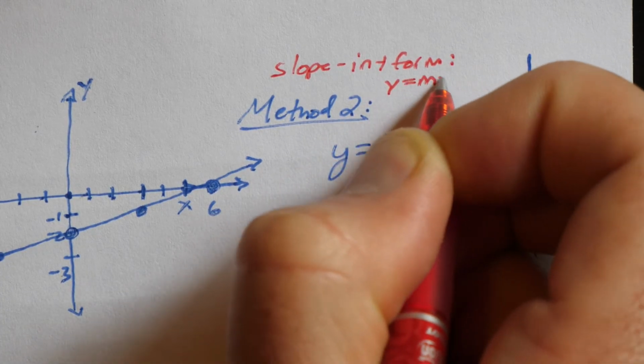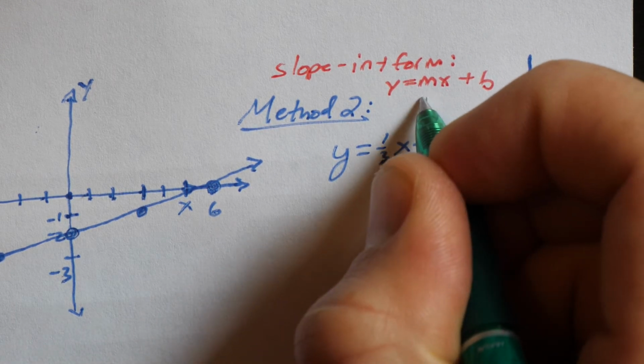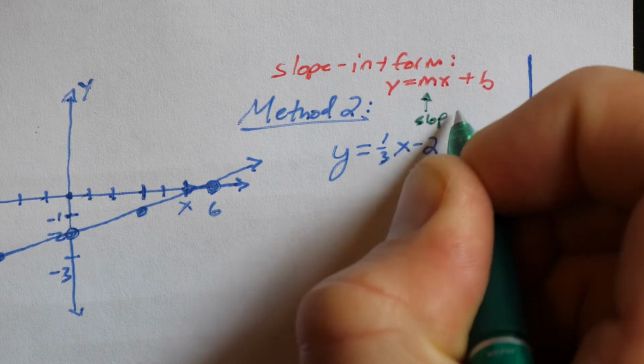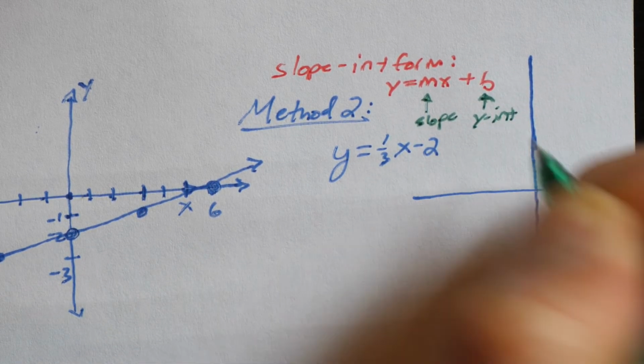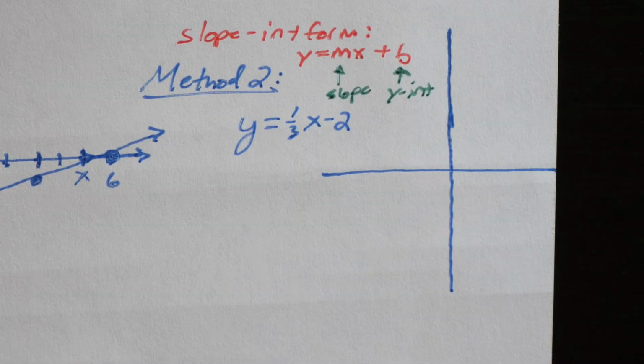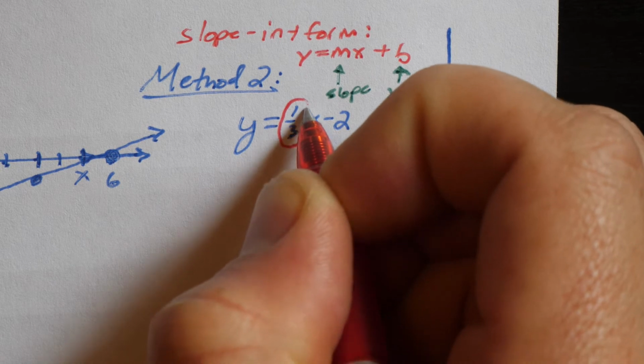Slope-intercept form is y equals mx plus b. That's slope-intercept form. What's our m? m is slope, and b is our y-intercept. So we're pretty much good to go if we use this, because that's telling us that our slope is 1/3.